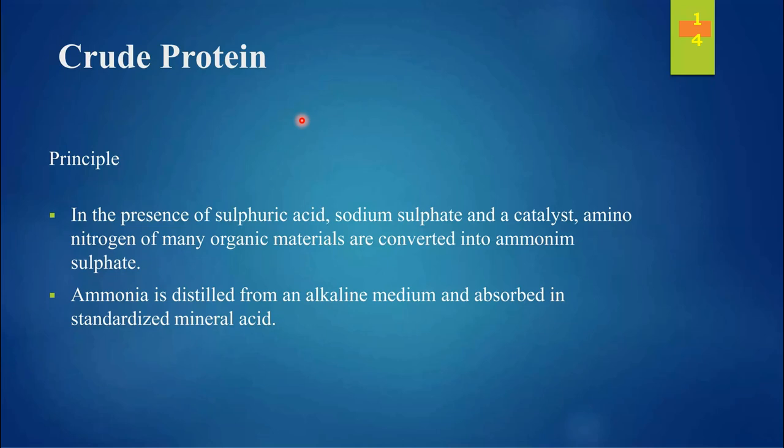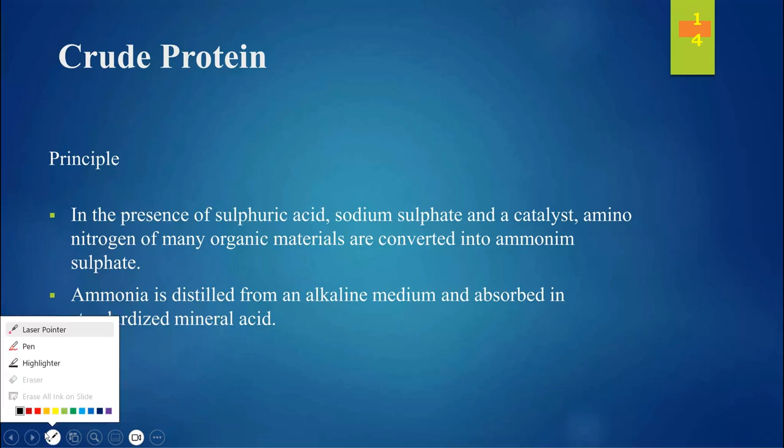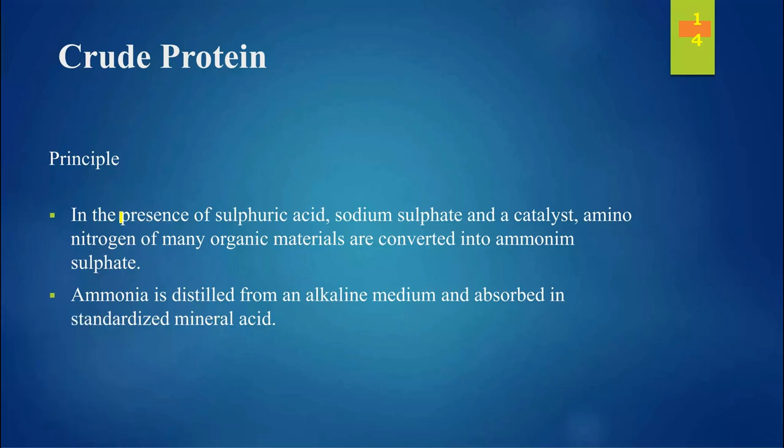The principle of estimation of crude protein is that in the presence of sulfuric acid, sodium sulfate and a catalyst, the amino nitrogen of many organic materials is converted into ammonium sulfate. So the amino nitrogen present in the feed is converted from the organic matter into ammonium sulfate.